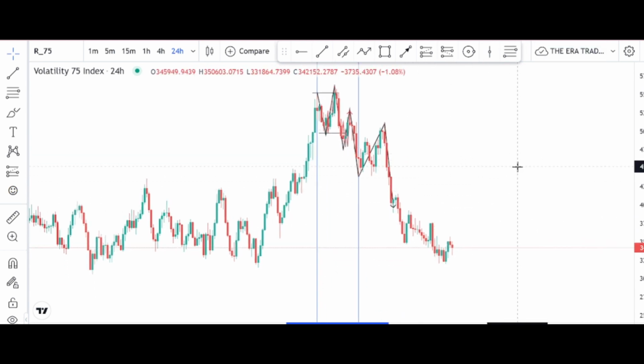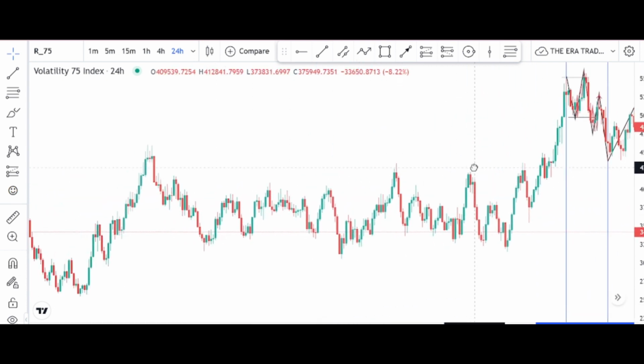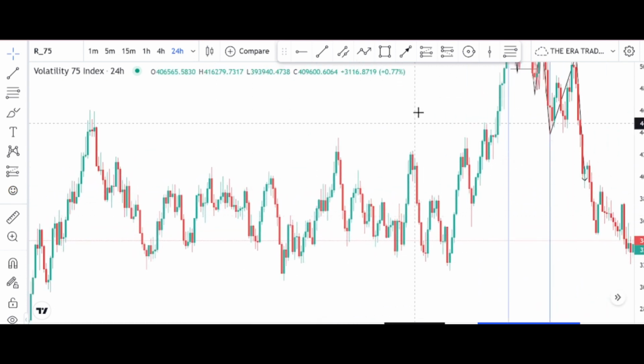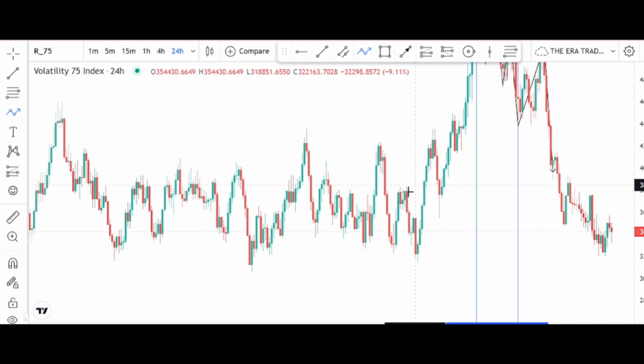And yeah, guys, so also let me show you another example of these things. You see that the market was bearish, and suddenly there was a change, started forming higher high, higher low, higher high, higher low, higher low, and all that.